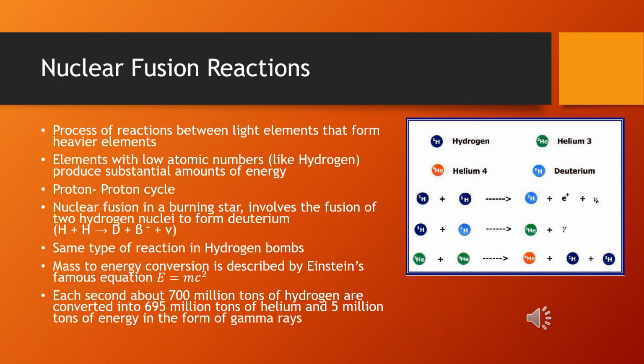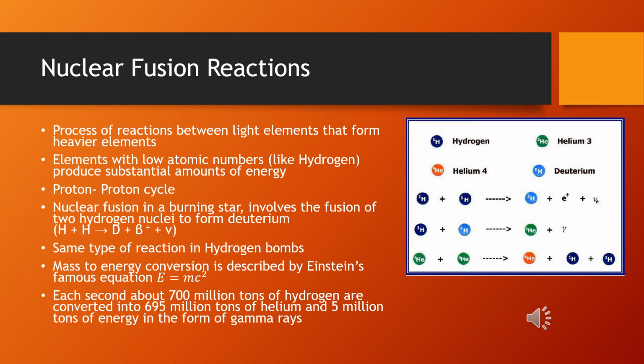Like I stated in the slide before, nuclear fusion reactions are a process between lighter elements and then they combine together to form heavier elements. Elements with low atomic numbers like hydrogen produce substantial amounts of energy. It's called the proton-proton cycle. Nuclear fusion in a burning star involves the fusion of two hydrogen nuclei to form deuterium.